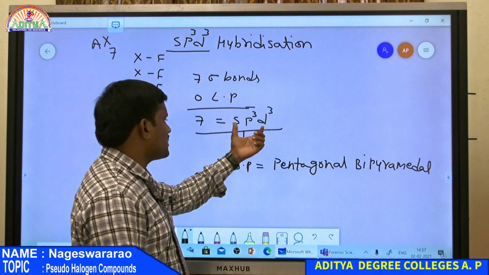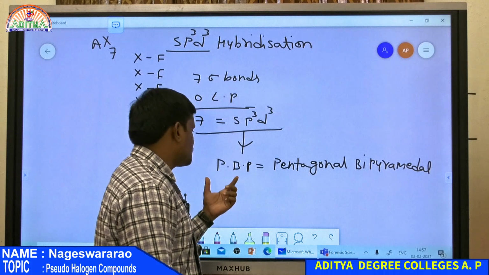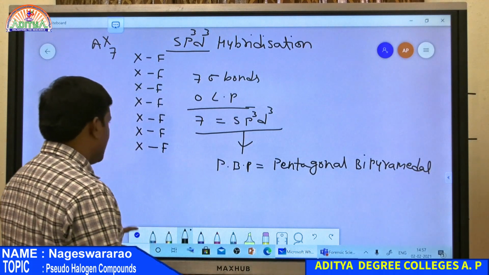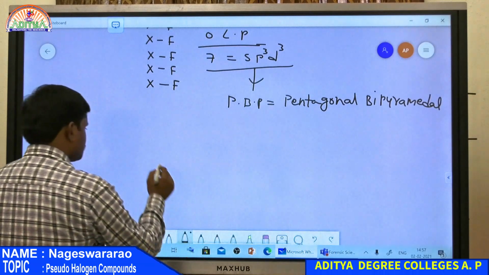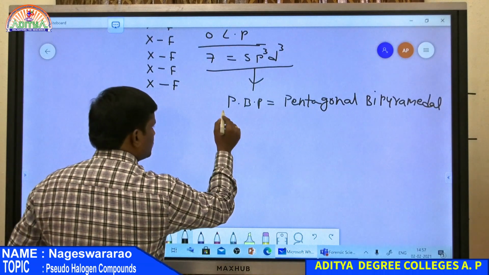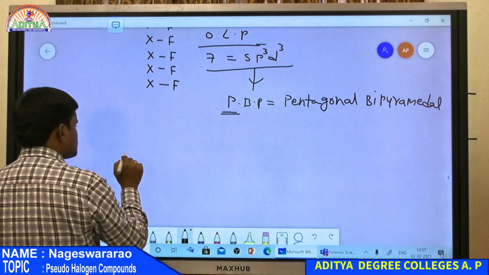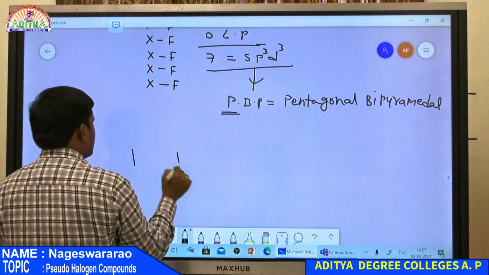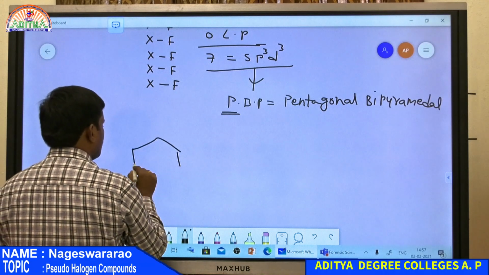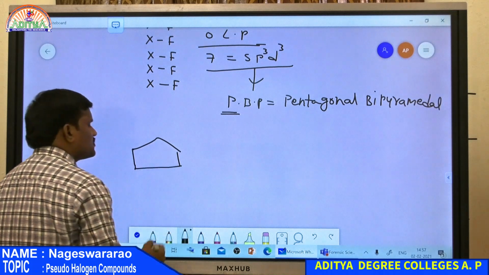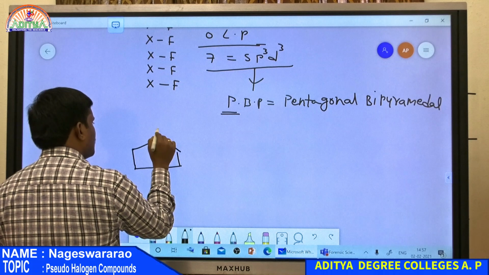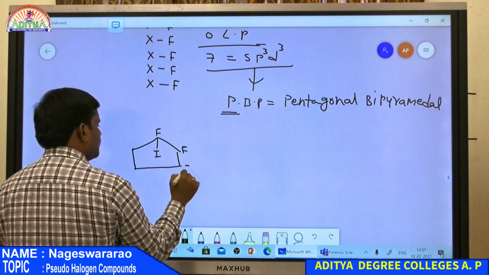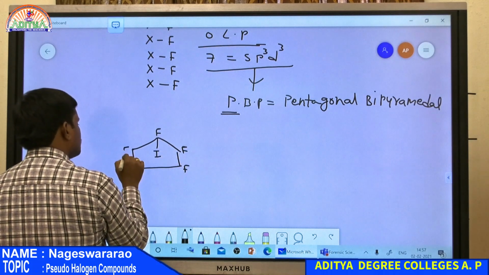It undergoes sp3d3 hybridization and its geometry is pentagonal bipyramidal, and it is given as follows. Pentagonal, that means a pentagon. So this is a pentagon. For pentagonal bipyramidal, suppose this is the central iodine atom and 1 fluorine, 2nd fluorine, 3rd fluorine, 4th one and also the 5th one.